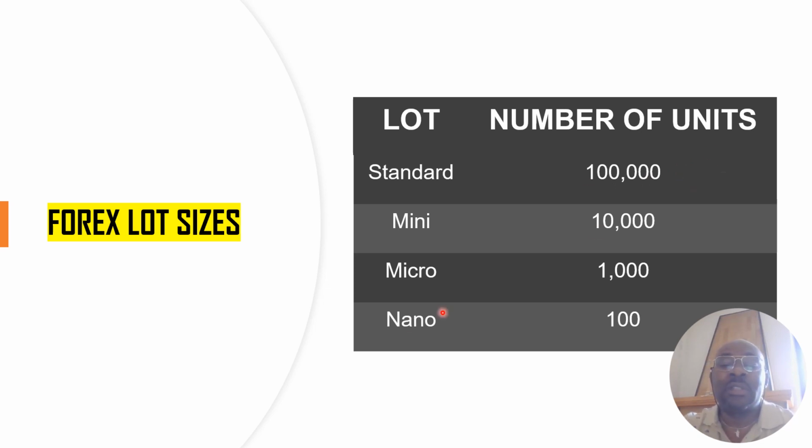In mini size lot, we have 10,000. In micro size, we have 1,000. In nano size, we have 100. Even for this 100, all you need to drop is just 10% to have this $100 or 100 euro, as the case may be.